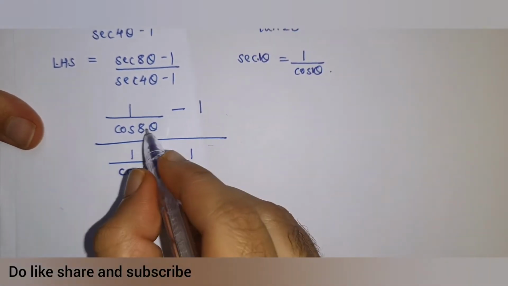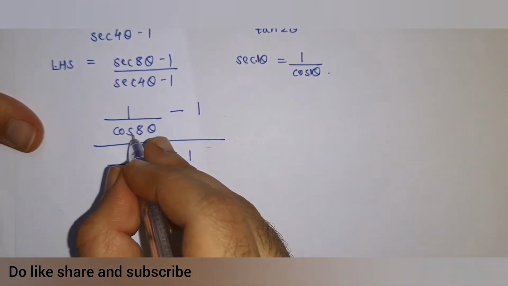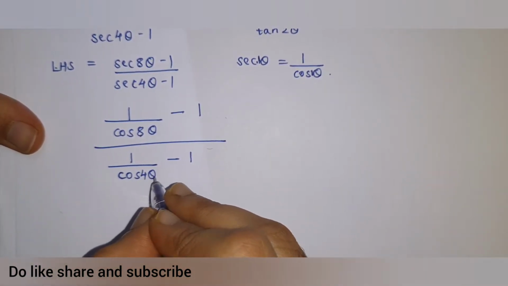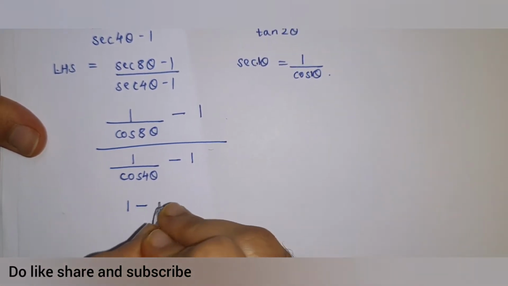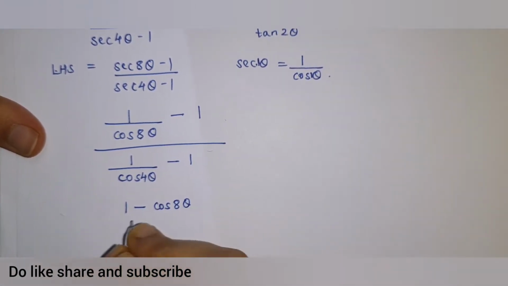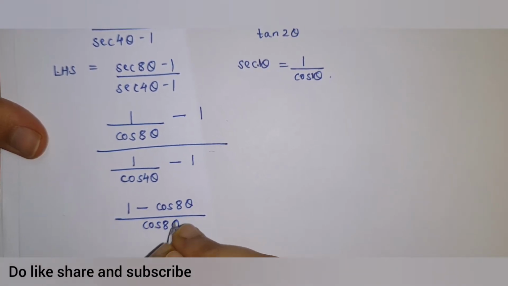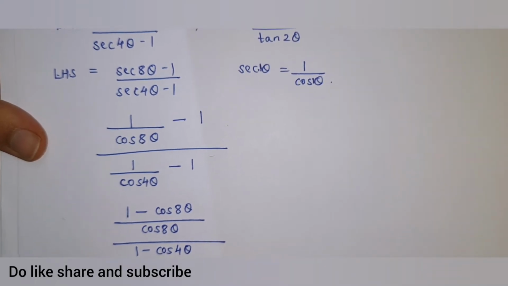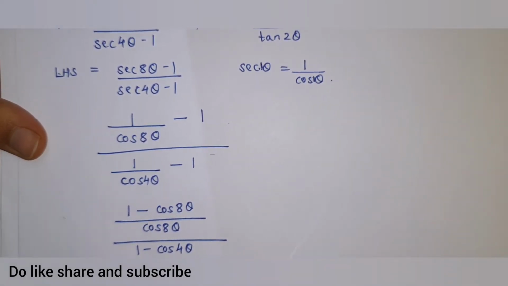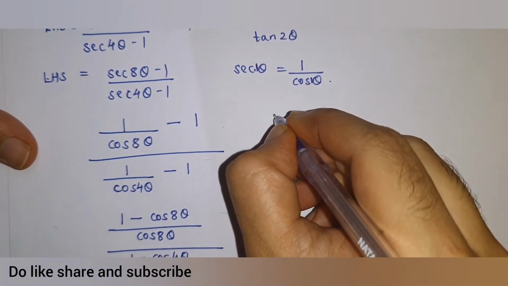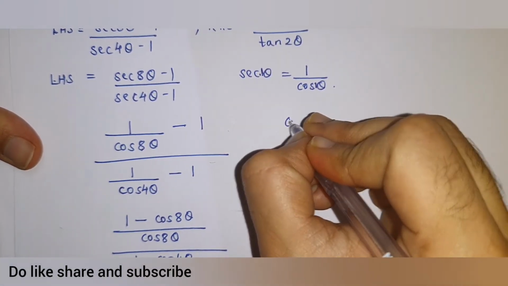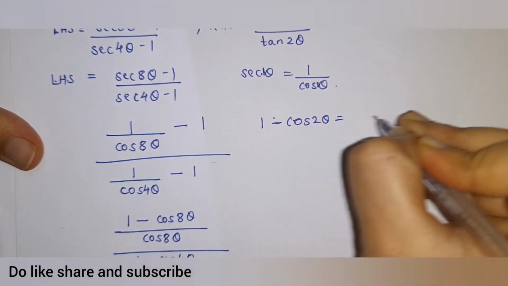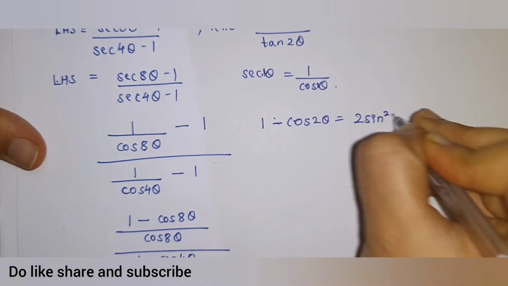Now we will be cross multiplying by cos of 8 theta in numerator and in denominator by cos of 4 theta. So we'll be getting 1 minus cos of 8 theta divided by cos of 8 theta, completely divided by 1 minus cos of 4 theta divided by cos of 4 theta. Here we know that 1 minus cos of 2 theta is equal to 2 sine square theta.